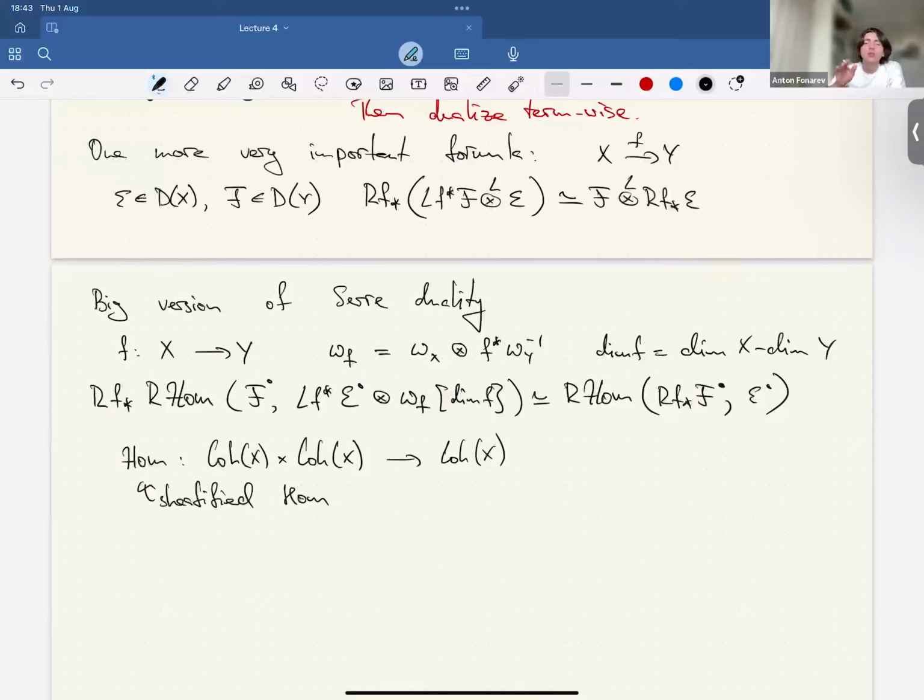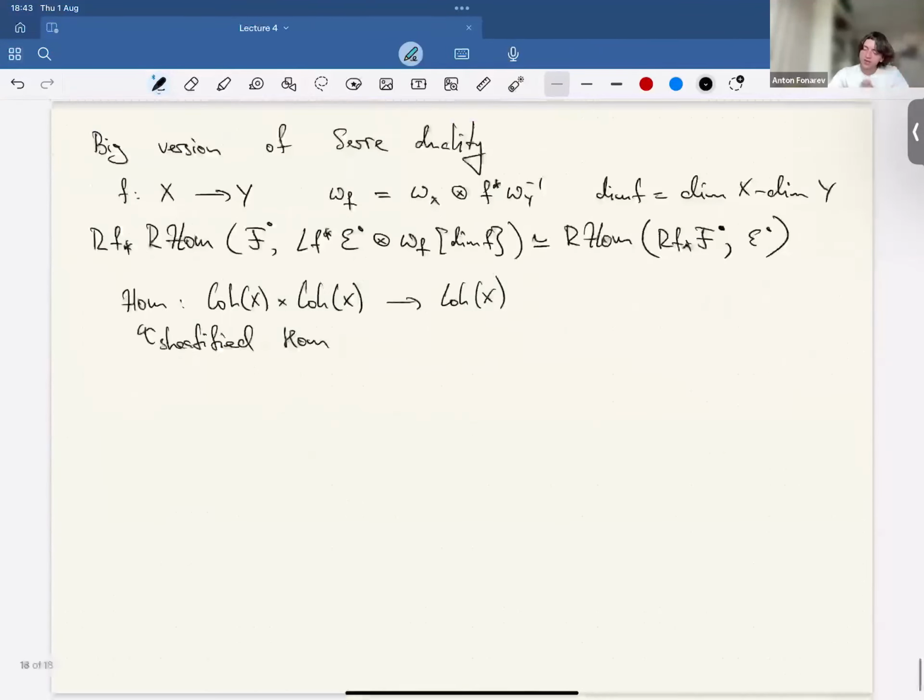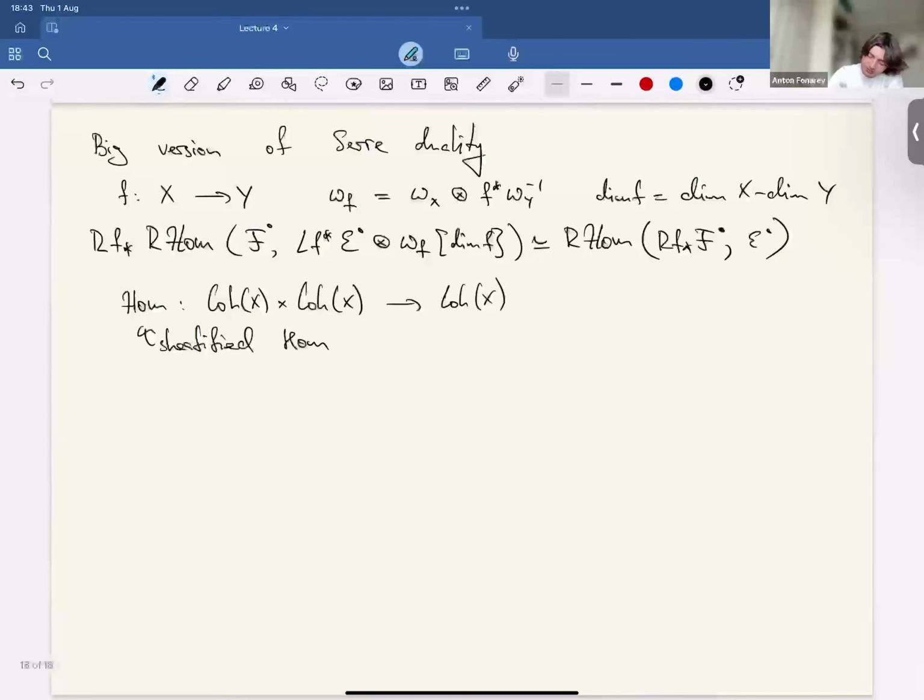So on any open subset, you consider Homs between restrictions on the corresponding thing. You can do this, blah blah blah. But actually, what this thing says there? So here are two exercises. First, derive Serre duality from this, the usual one.